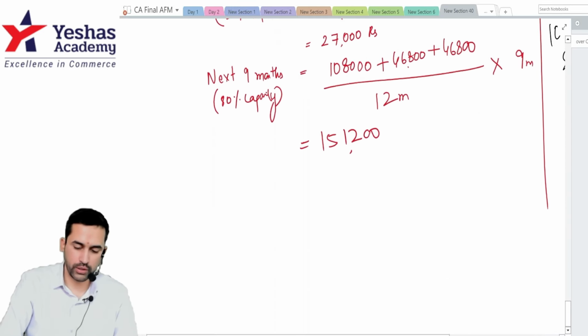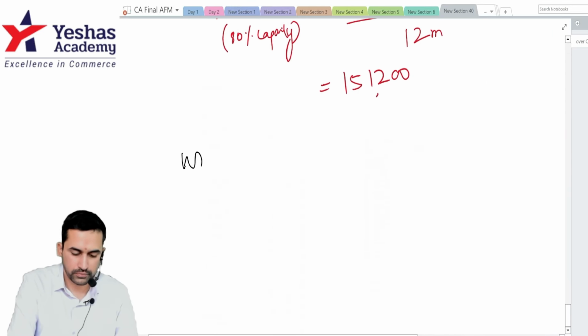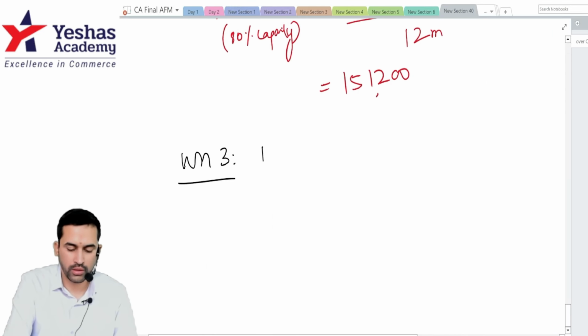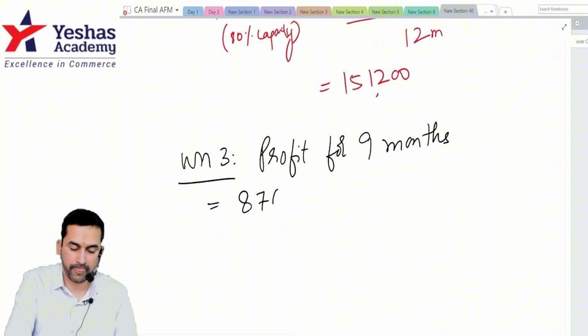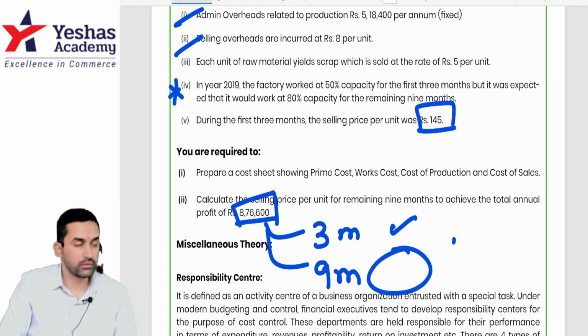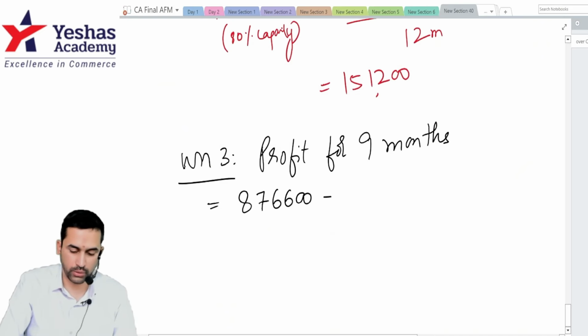I'm doing working note 3 here. Profit for 9 months should be equal to total annual profit. The target we have is this 876600.